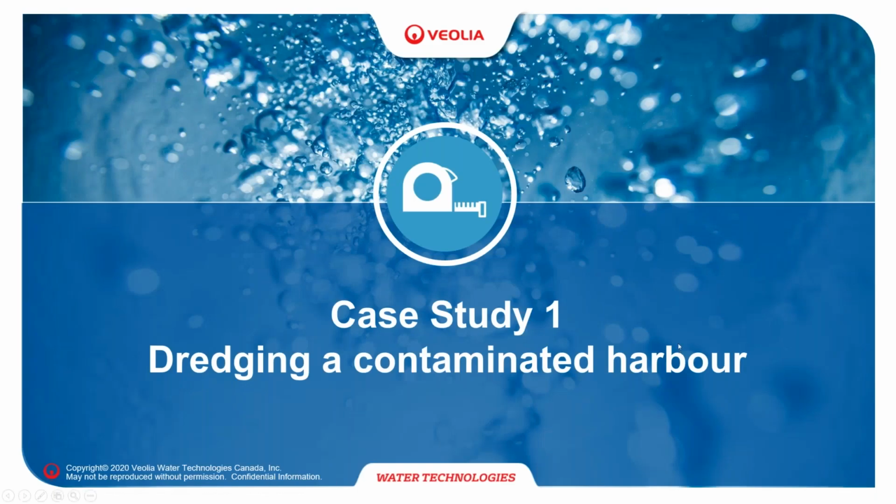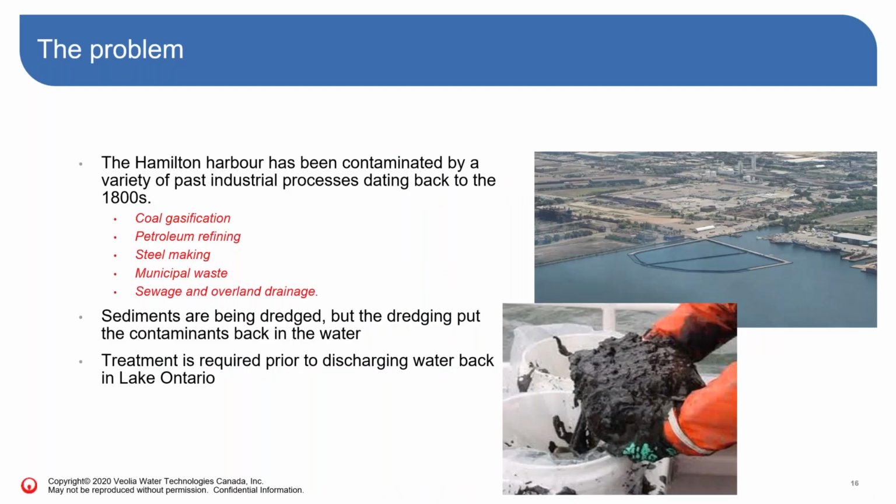So the first case is going to be the dredging of a contaminated harbor. I'm not naming sites in this presentation, but obviously you will probably recognize some of the case studies. So this is Hamilton Harbor.